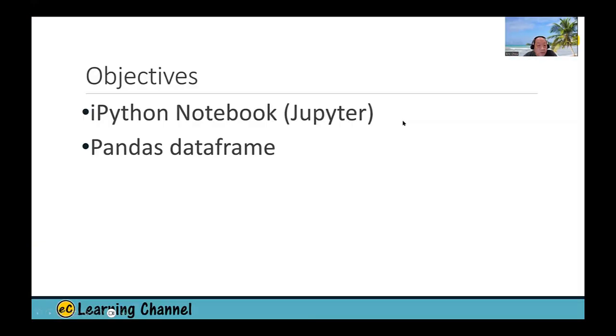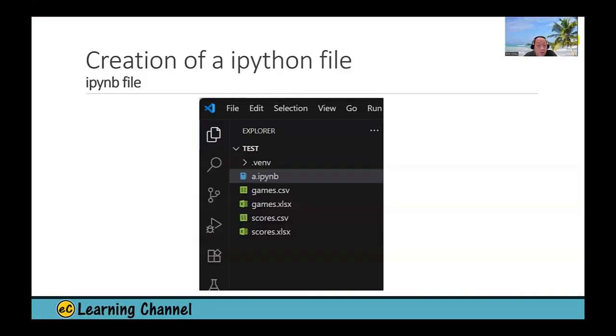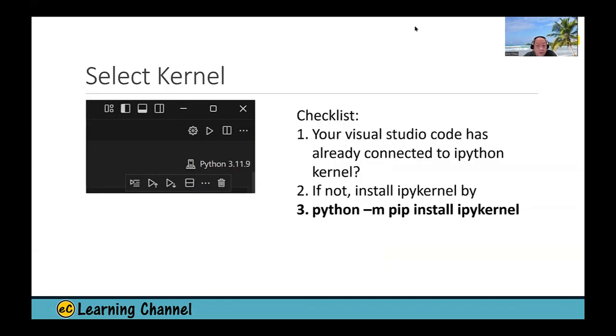But to use Jupyter, the installation we helped you with is not enough. You need to install one more thing to make it work. This thing is called pip install ipykernel. You need to install this before your Jupyter can work.